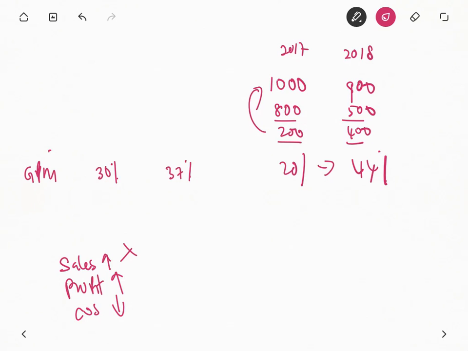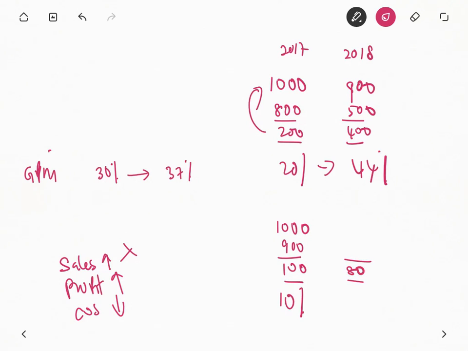Then when we mention profit, the reason why margin increased is because profit increased. Same thing, we can prove it otherwise. Let's say this is 1,000 and this is 10%. I want my margin to increase but profit to drop.